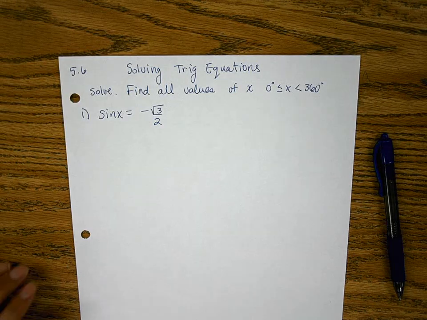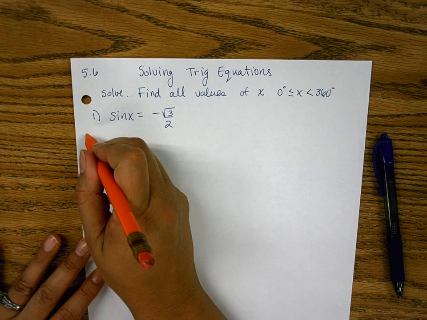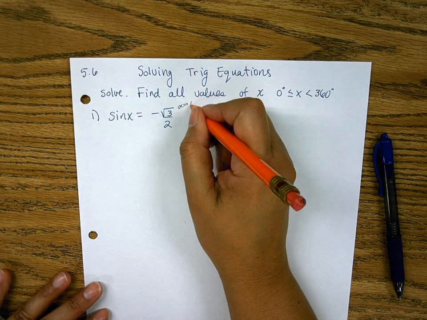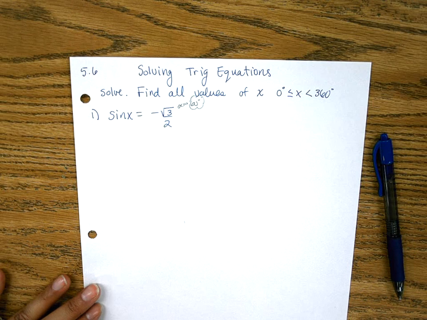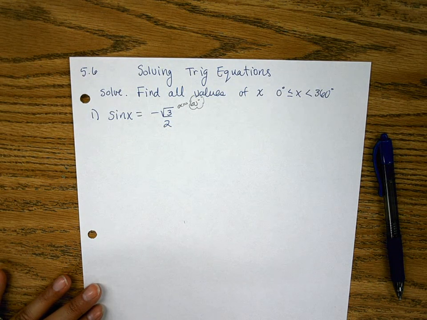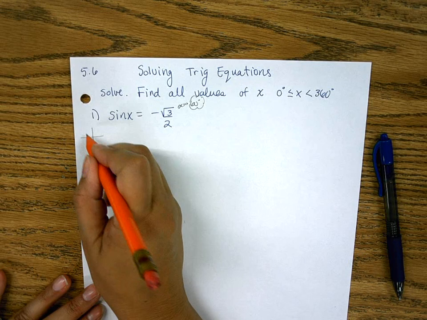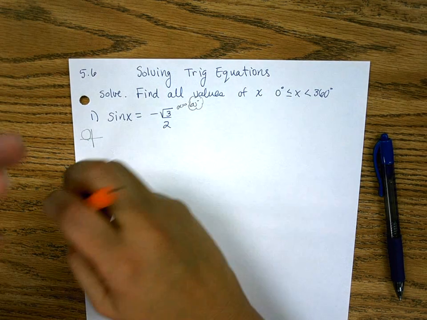Okay, so how do we do that? Unit circle, hand trick, whatever works for you. First, recognize your reference angle. Sine of what angle equals root 3 over 2? It is 60. Is 60 degrees one of our answers? It is not, because we're not in quadrant 1. So which 2 quadrants is sine negative?